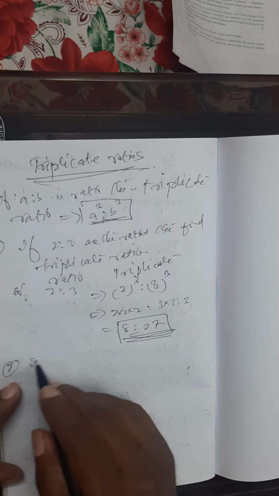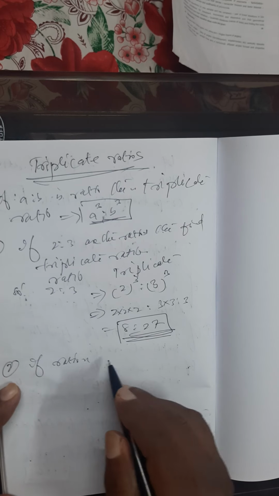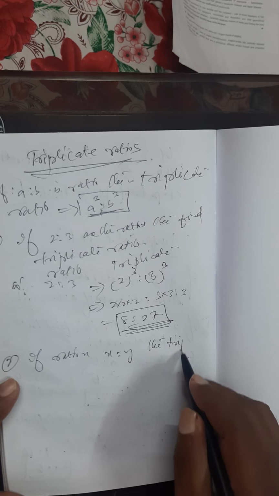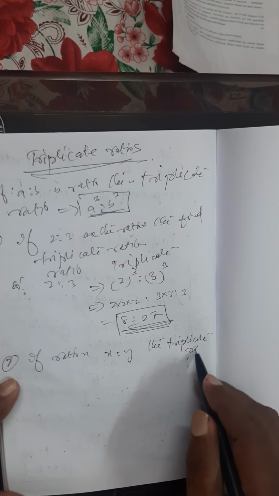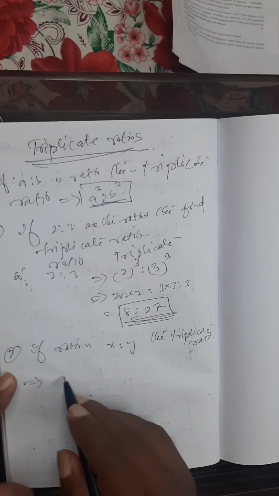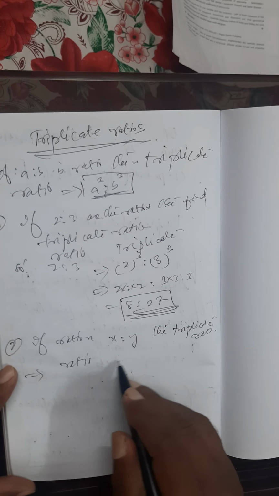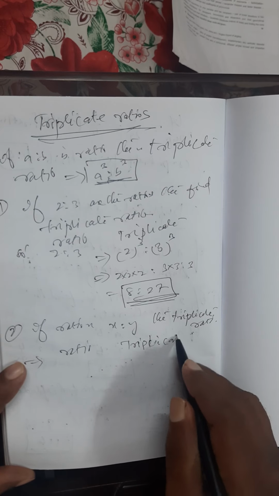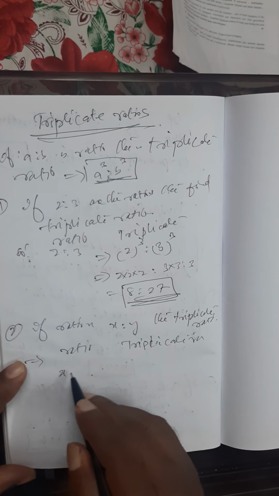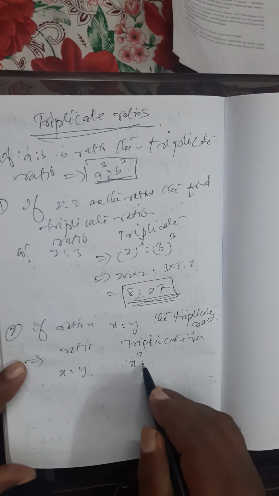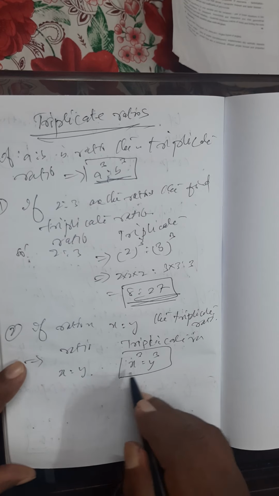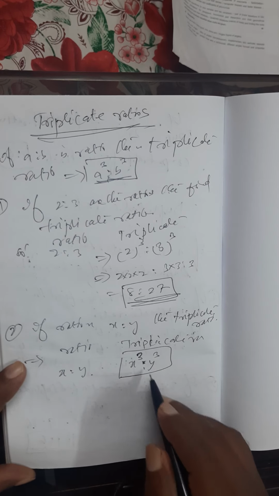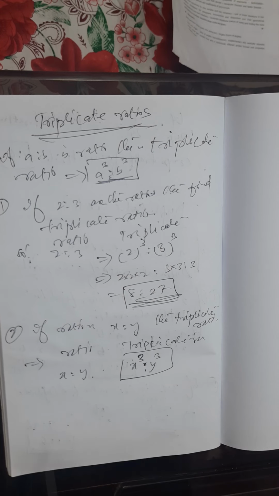Second question: if the ratio is x is to y, then what is the triplicate ratio? Here we take x cube is to y cube. This is in alphabets, and this is also the simplest form.